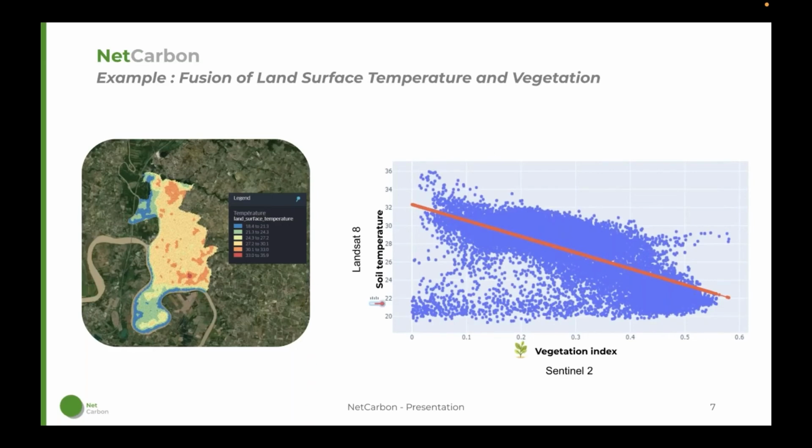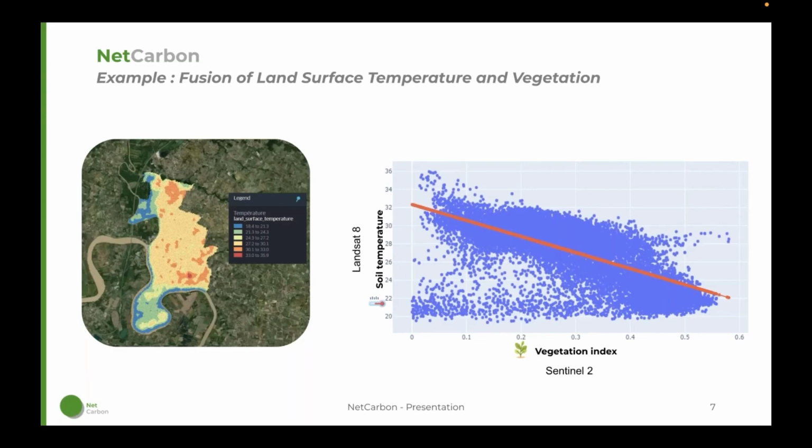Here we took the same day, so the satellite picture was taken on the same day for Sentinel-2 and Landsat 8, and we have done a small correlation, plotting the vegetation index, the NDVI, as a function of the land surface temperature to see if there are some trends between both.